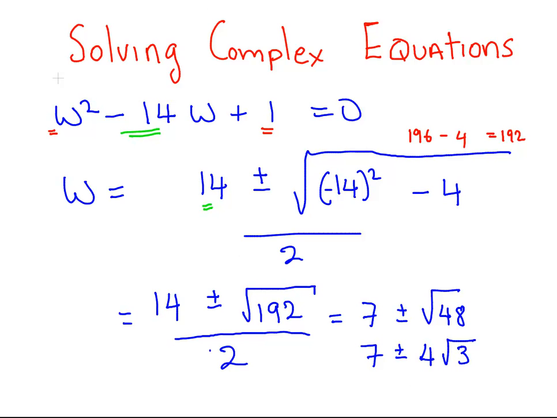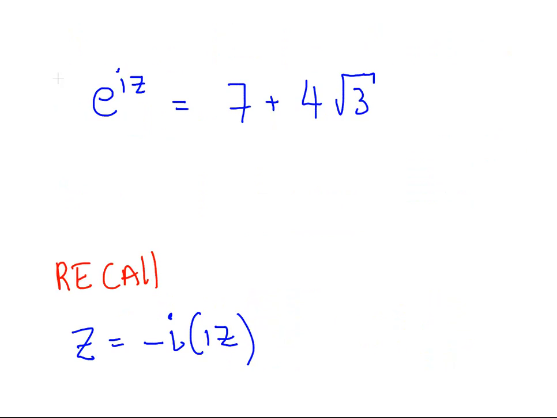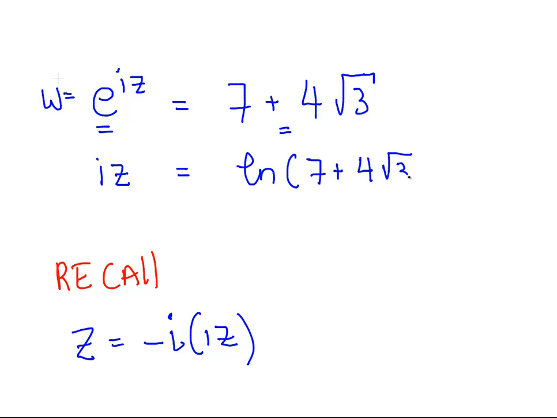So let's use that. Remember, this is our solution now: w equals e to the iz, and we found that to be 7 plus 4 square root of 3. So let's take the log of both sides. The log of e to the iz is simply iz, and we have the log of 7 plus 4 square root of 3.